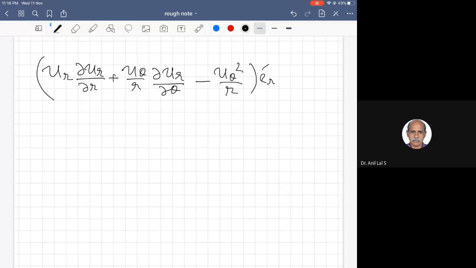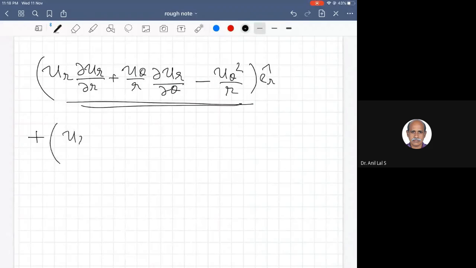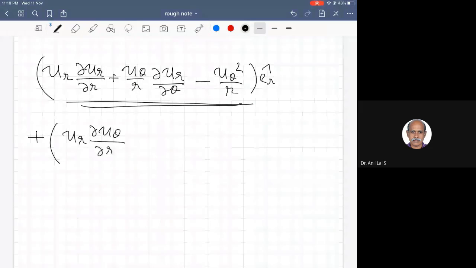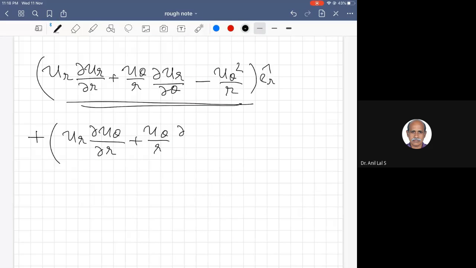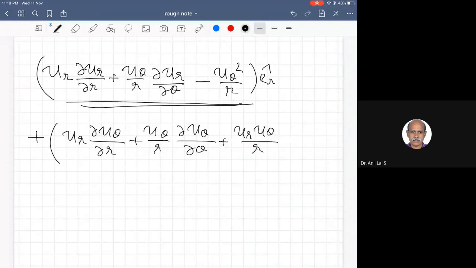That is, this radial component is like this. And plus the other term will be ur dou u theta by dou r plus u theta by r dou u theta by dou theta plus ur u theta by r, into e theta.